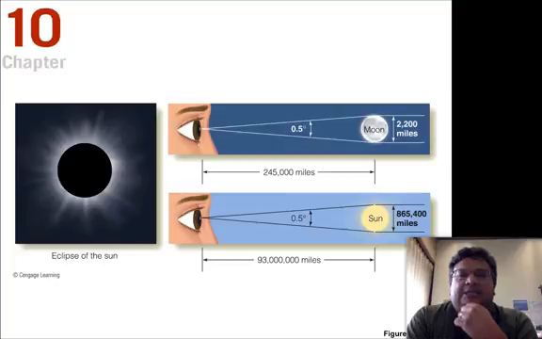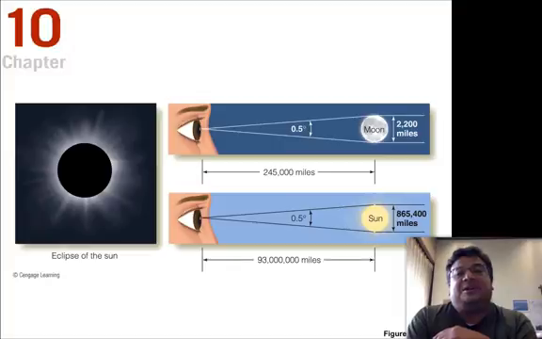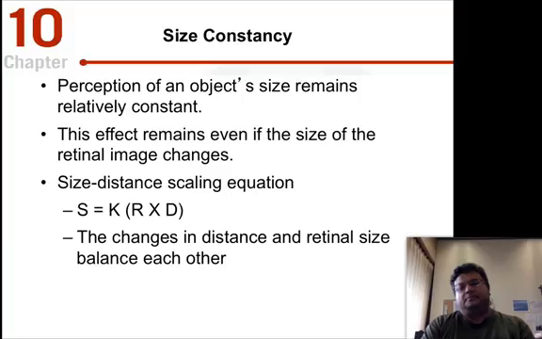And yet, they fit perfectly on top of each other because they have the exact same visual angle. Which again is really weird, but that's why an eclipse of the sun looks like this. Whenever the moon passes over the sun and eclipses it, they fit perfectly on top of each other because they have the same identical visual angle.